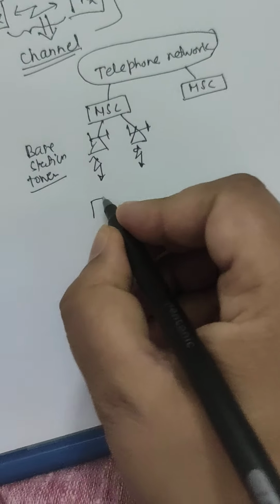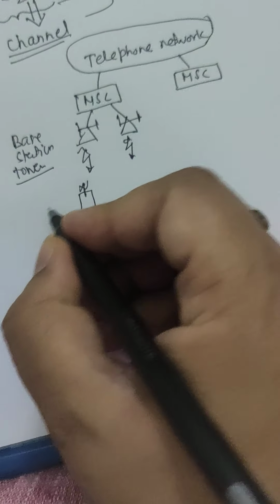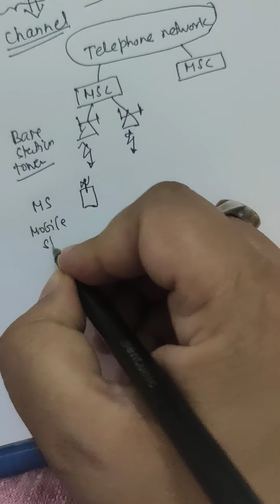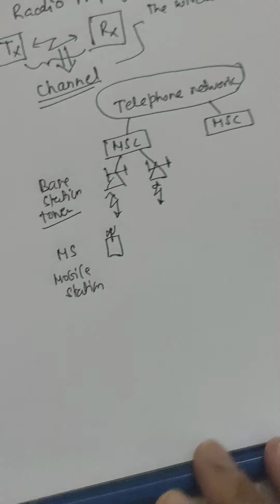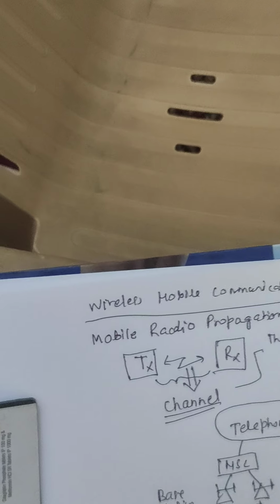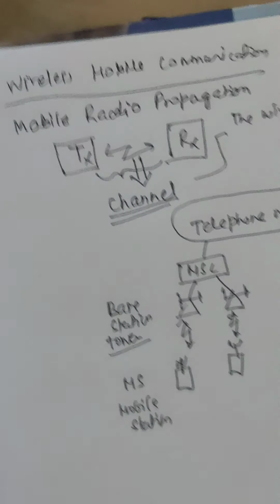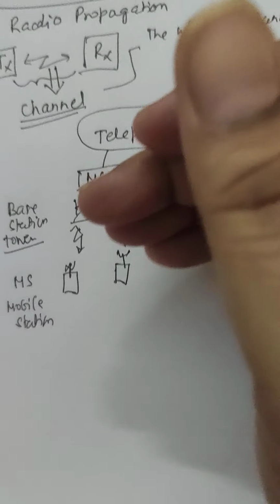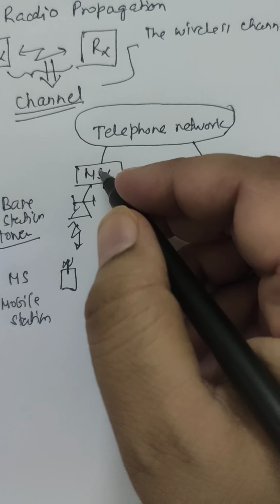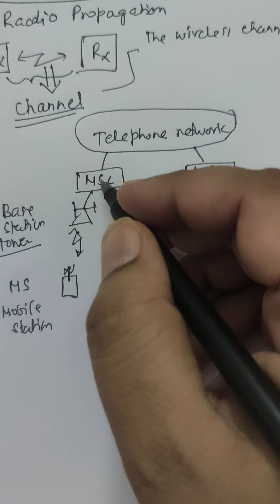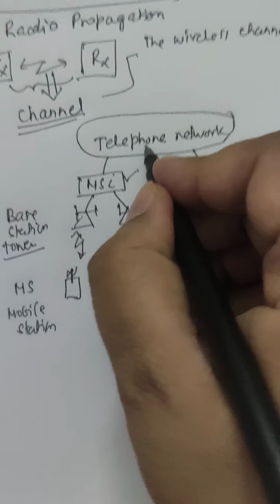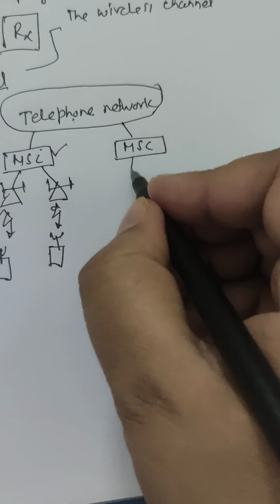And here is the MS. MS means mobile station. Every mobile station gets the signal from the tower, from the base station, and every base station is connected to the mobile switching center, and this mobile switching center is connected with the telephone network. The same thing happens here.